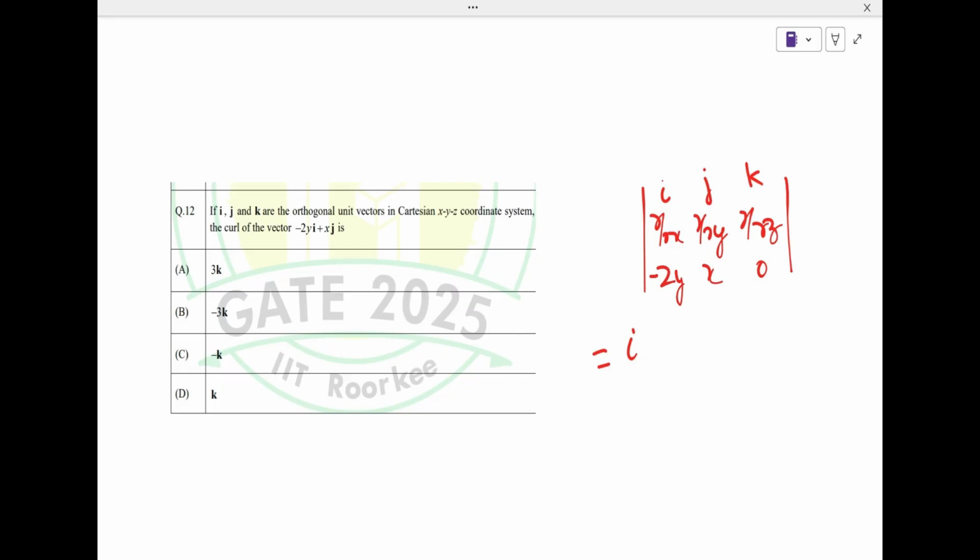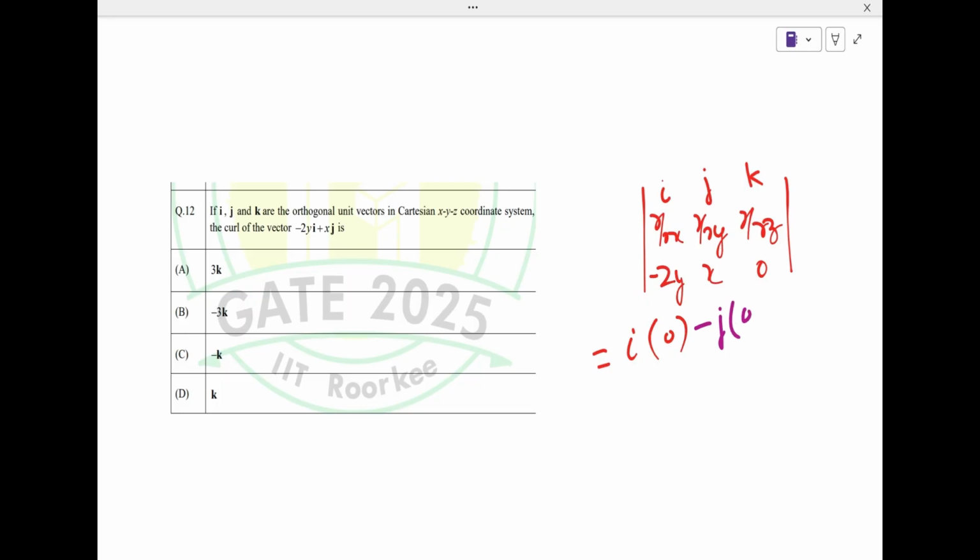i into the value of this one: partial of 0 with respect to y is 0, and partial of x with respect to z is 0. So the i coefficient is 0, minus j. Now we are going to use these values: x with respect to z is 0, partial of 2y with respect to z is again 0.